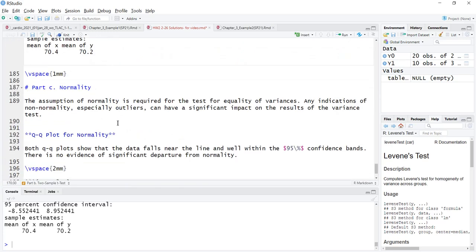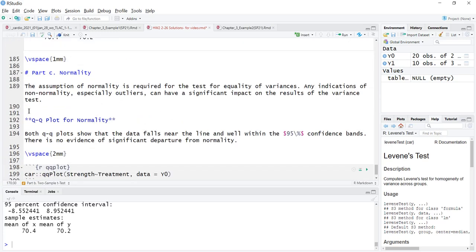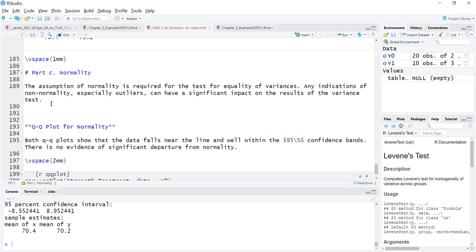Okay. So that was part C, normality. But we've talked about the variance test. Now let's talk about the 2-sample t-test. The assumption of normality is required for the t-test.